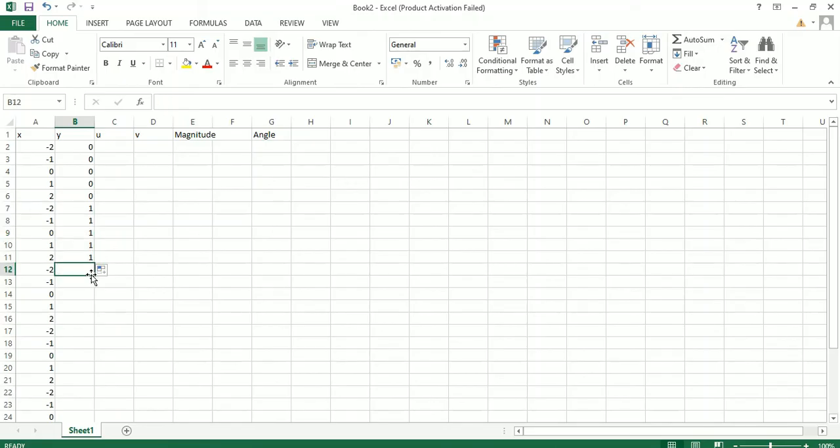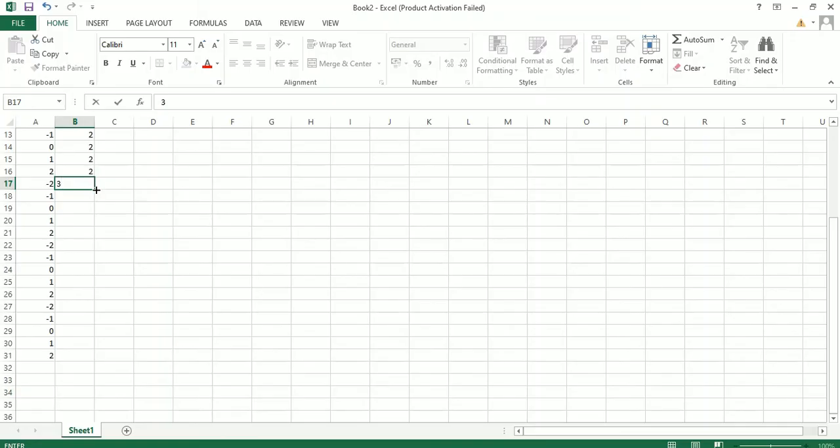The next one is going to be 2, then move it all the way to 2. And then the next one will be 3, so just move it to 2. And then the next one will be 4, so we move it to 2 again. The next one will be 5, so we move it to 2 again. Okay, so that's what we have now.